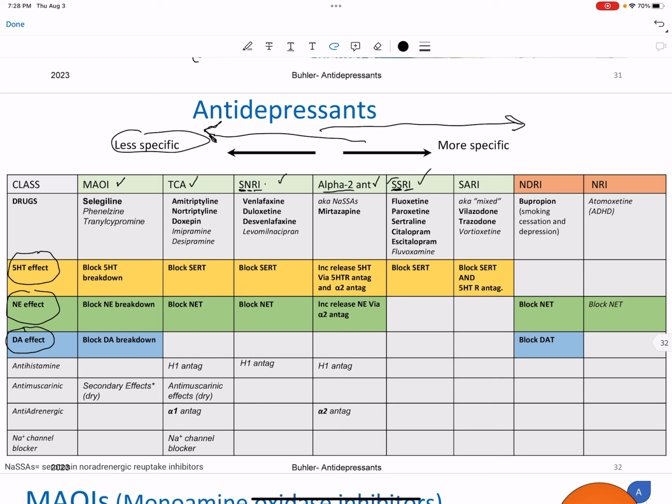So selective serotonin is way more specific than a serotonin norepinephrine, which is way more specific than an MAOI, which was dopamine, serotonin, and norepinephrine.